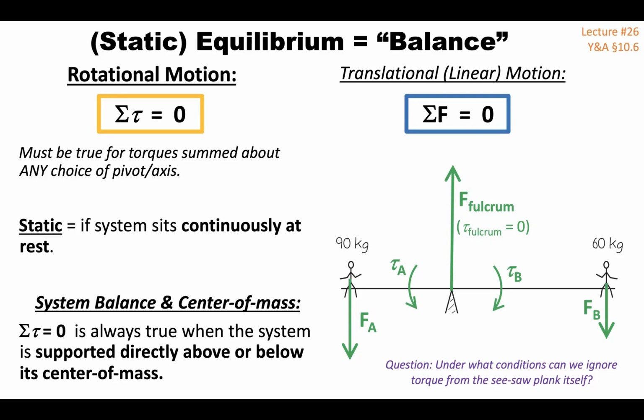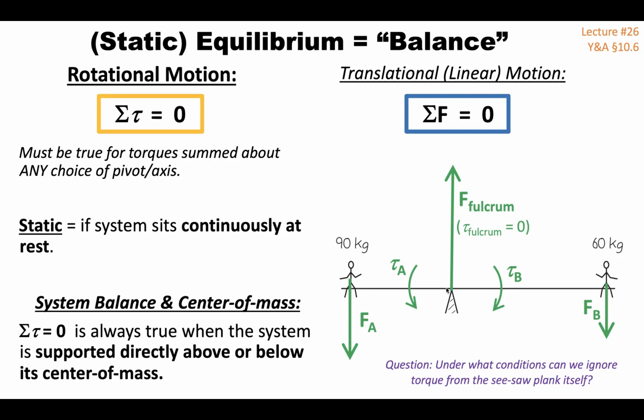In fact, we might try writing this expression for the net torques equal to zero multiple times, choosing different locations along the system or the object as the pivot. Some of those locations will end up giving us more information or make our math easier. And other locations might make our math harder or give us less information, or some trivial statement like zero equals zero. So in this case, we have an obvious choice of pivot.